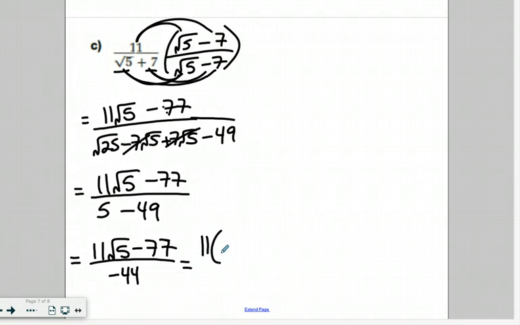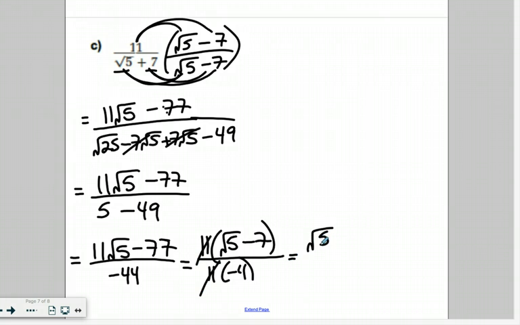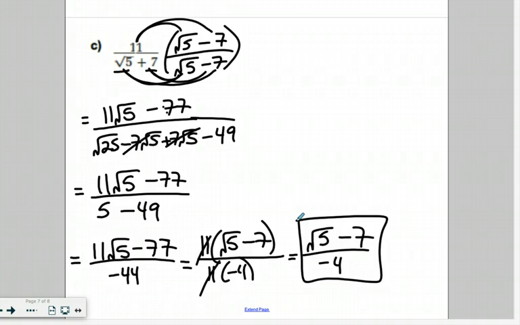So this is 11 times root 5 minus 7, all over 11 times negative 4. The 11's can cancel, and what I'm left with is root 5 minus 7 all over negative 4. I've rationalized the denominator, there is no radical in there, and I have simplified as best as I can.